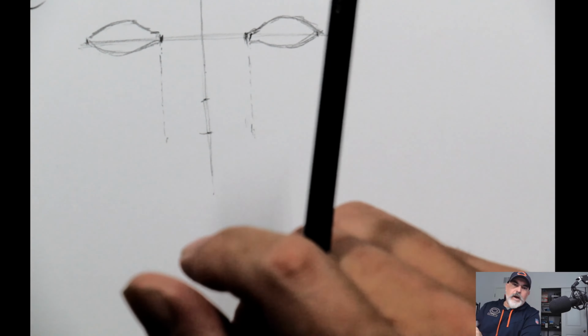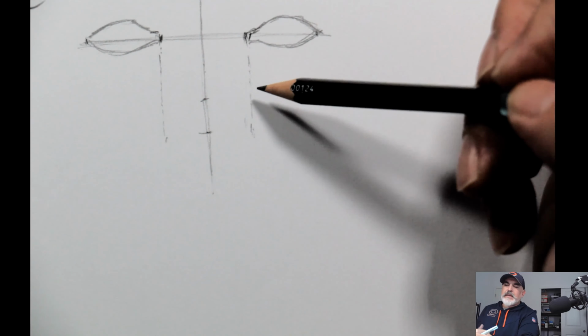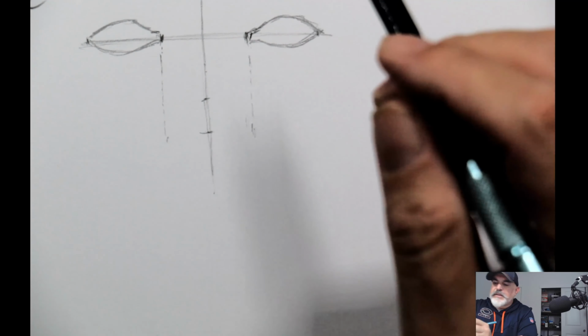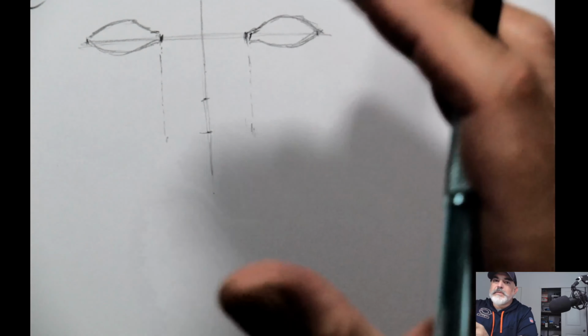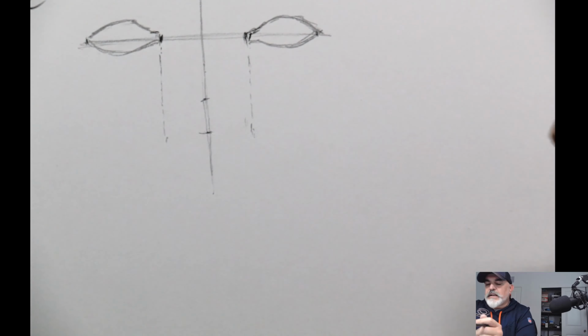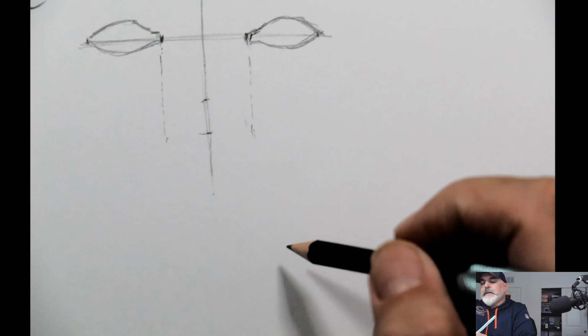Some people have wider, broader noses, and they're going to go slightly outside. We're talking very small distances. We're talking less than a 16th of an inch when we're drawing. On a human face, we're talking less than an eighth of an inch. So these are very, very tiny adjustments, but visually they do change the appearance.